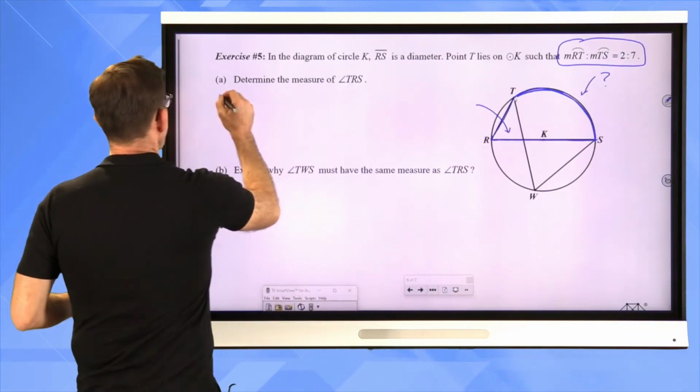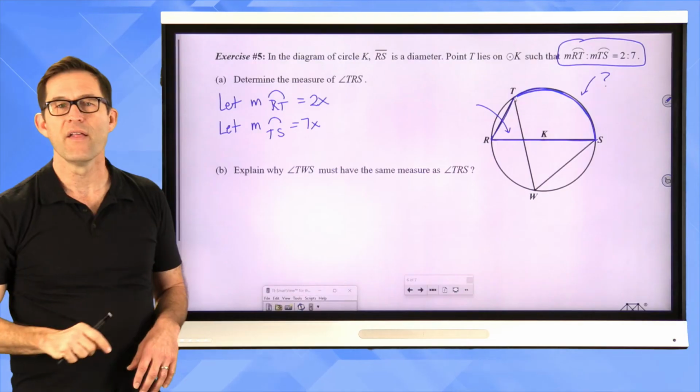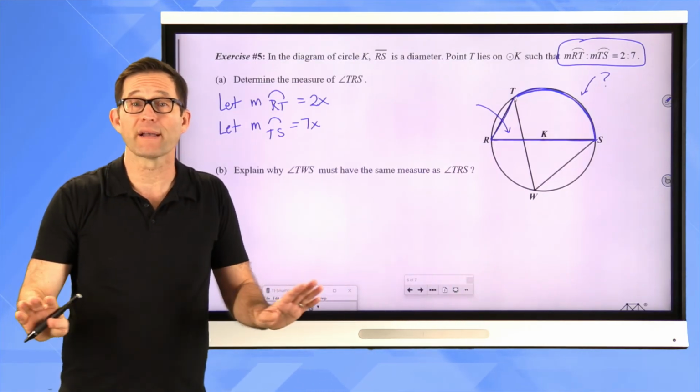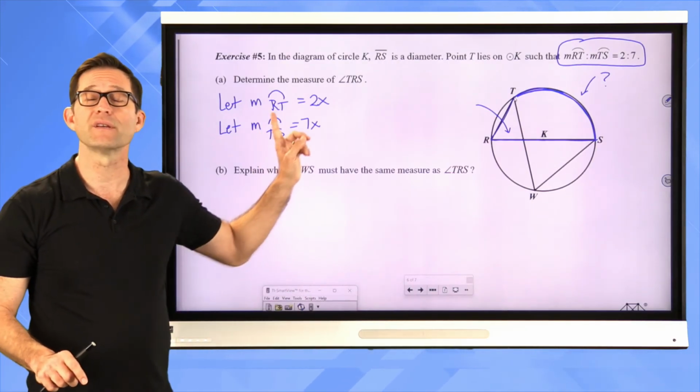We're going to let the measure of arc RT be equal to 2x, and we're going to let the measure of arc TS be equal to 7x. That ensures that no matter what x is, the ratio of these two arcs is 2:7.